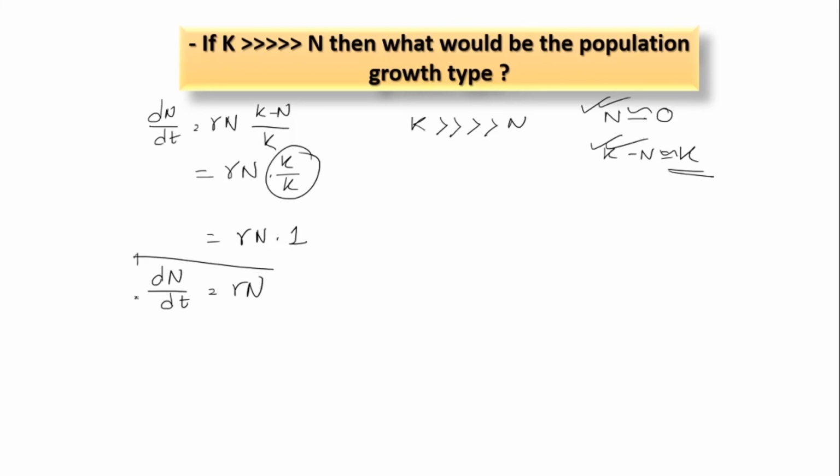That is the exponential growth formula. So if the population size is much less than its carrying capacity, then the population will show an exponential kind of growth.